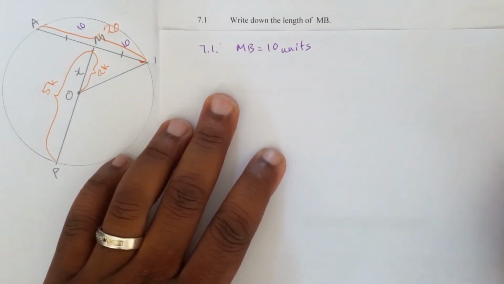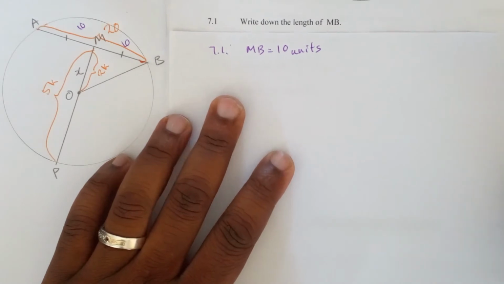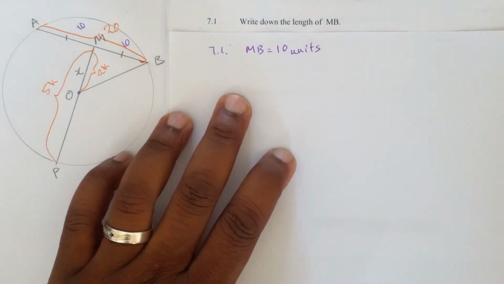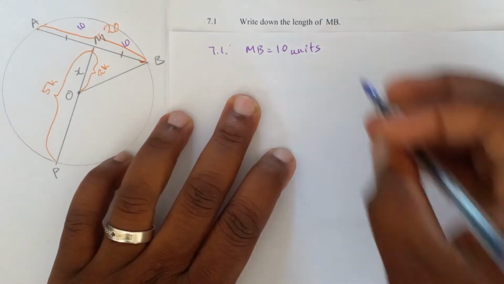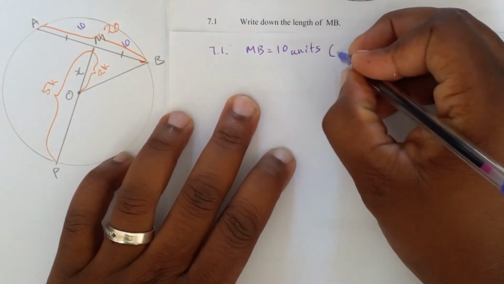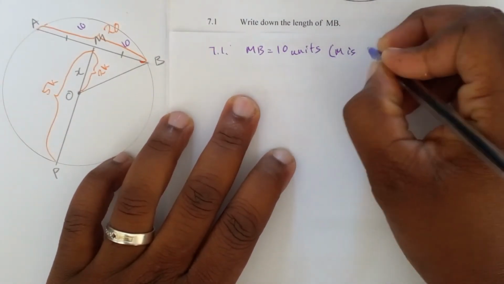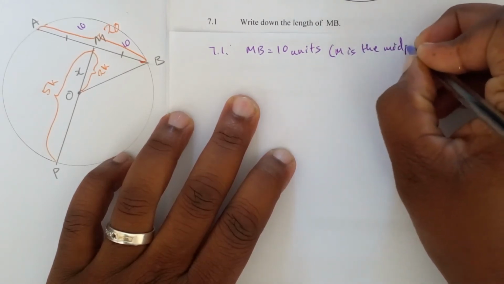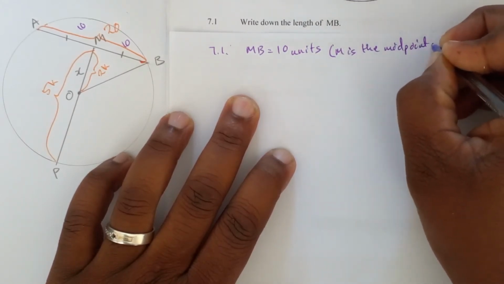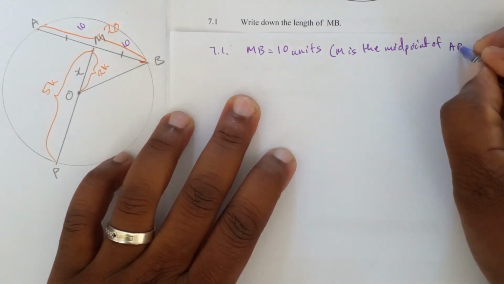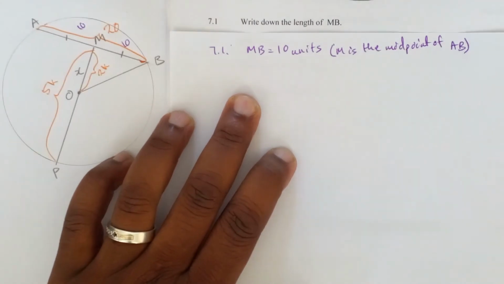It's geometry, so you are required to give a reason for every answer that you write down. The reason is that we are told in the question that M is the midpoint of AB.